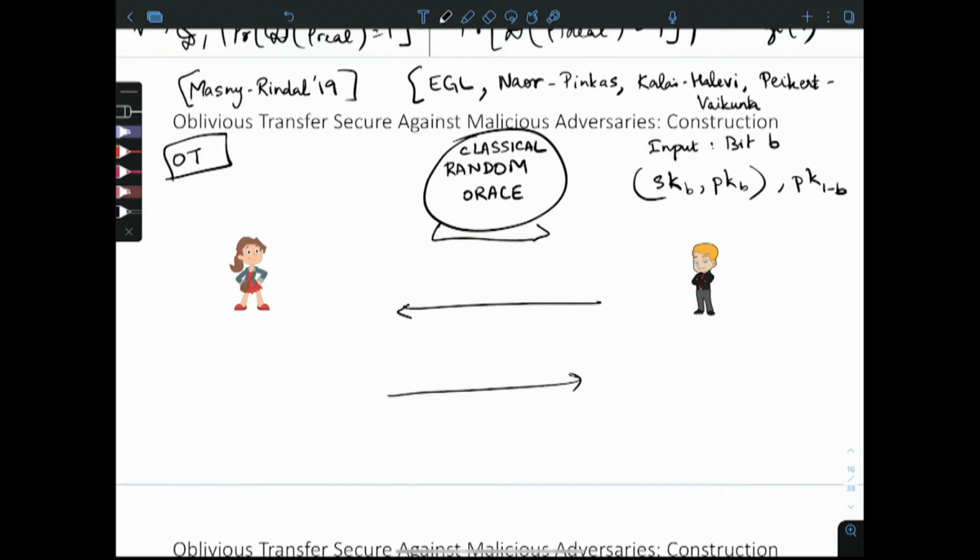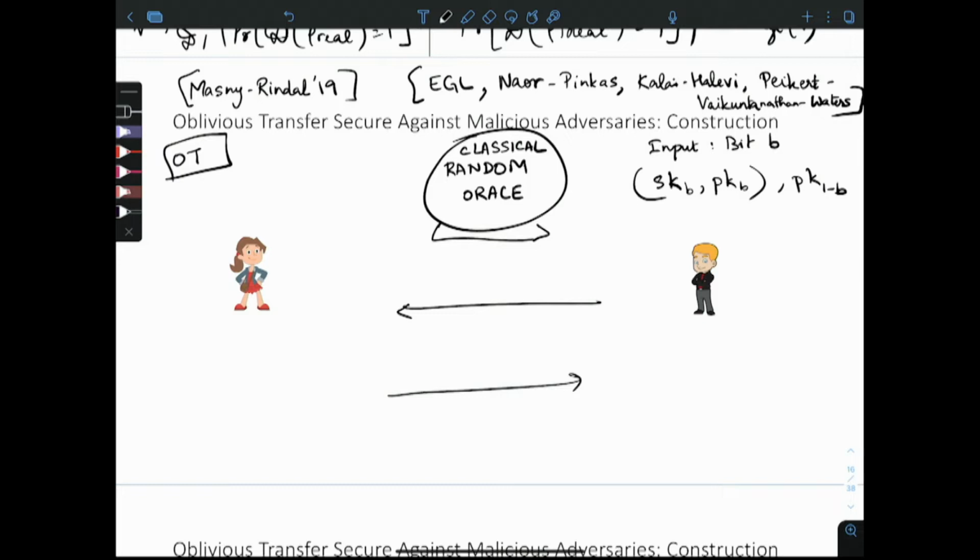There are a bunch of constructions that I'm not going to talk about because they require more background that you haven't seen before. I'm choosing to talk about one that uses random oracles because you know what they are, and generically public key encryption schemes with some very generic properties.